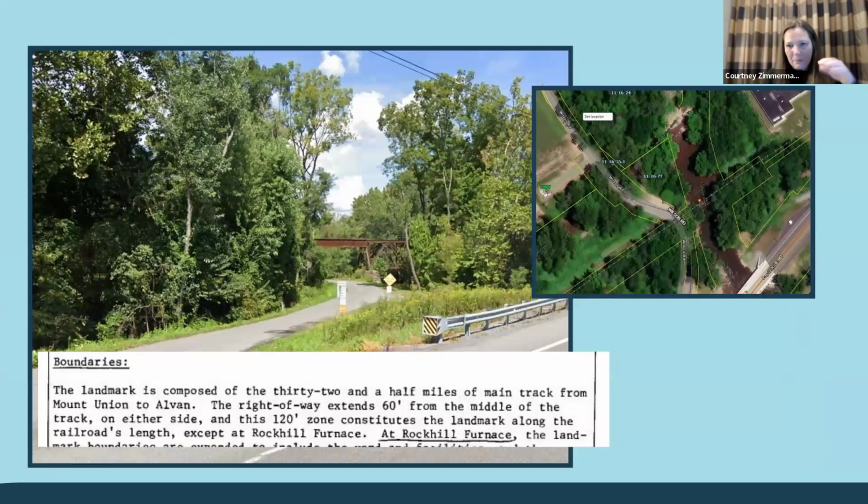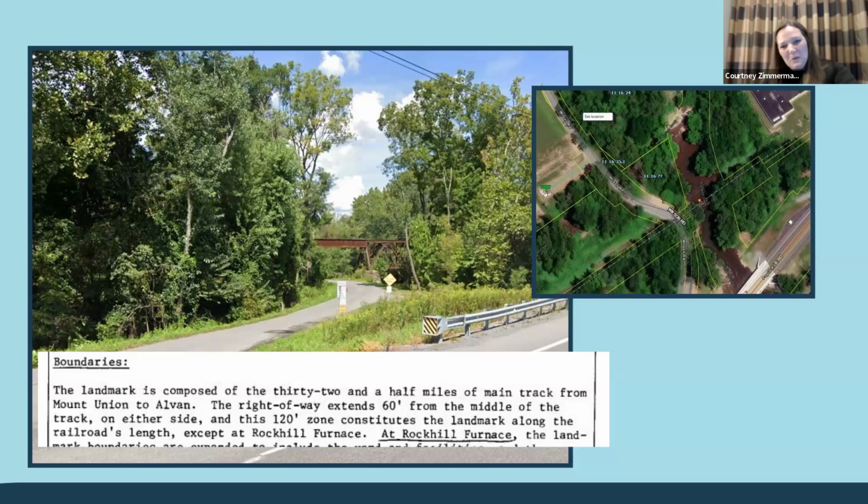Here's another example. This is a National Historic Landmark, and when they listed it, they just said the boundary followed the right of way, 60 feet from the center line on either side, a 120-foot wide corridor. And the right-of-way map or the parcel map in this area, it's not 120 feet, but that's the nomination boundary.